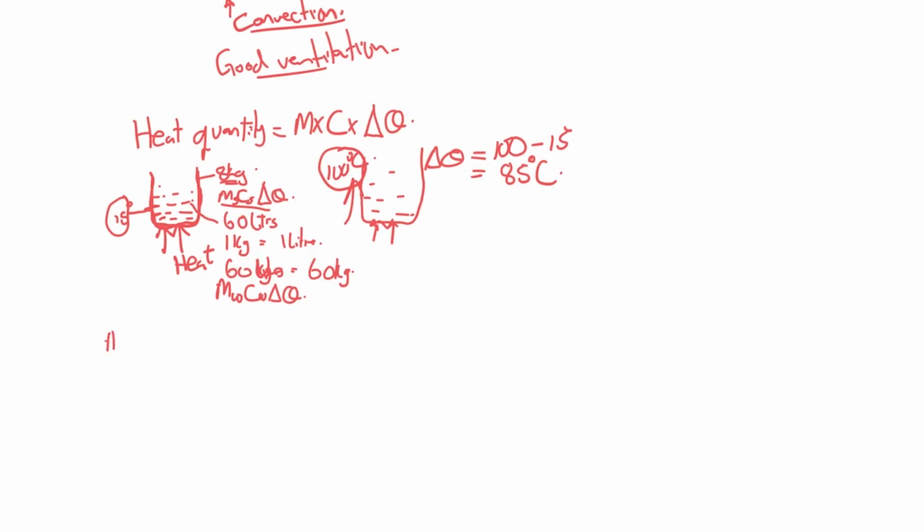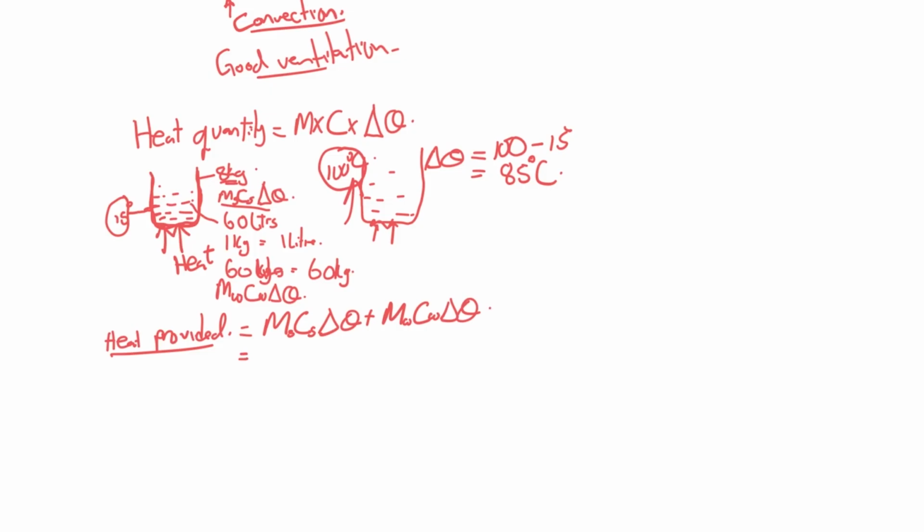Now move here to calculate our total quantity of heat. The heat provided will be equal to the mass of the saucepan times the specific heat capacity of the saucepan times the temperature change, plus the mass of water times the specific heat capacity of water times the temperature change.